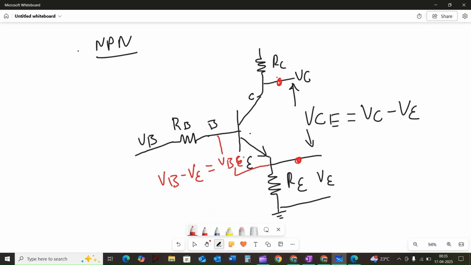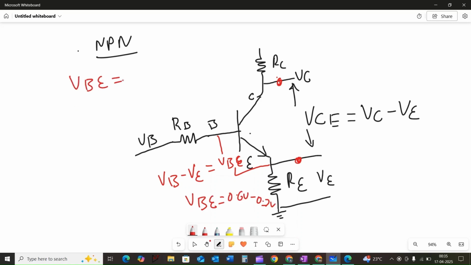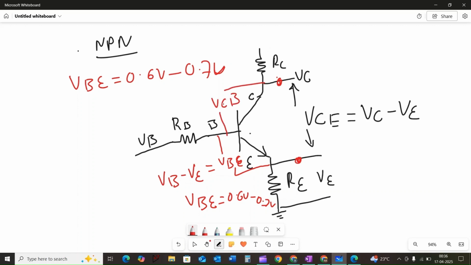For most NPN transistors, VBE is typically 0.6 volt to 0.7 volt, and the voltage VCB is the voltage difference between the collector and the base terminal of the transistor. We can call VCB as VC minus VB. Here we can represent the collector supply as VCC.